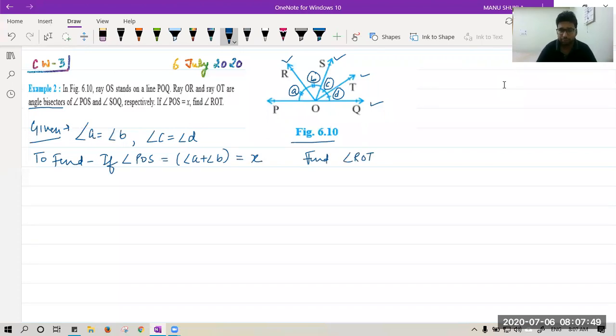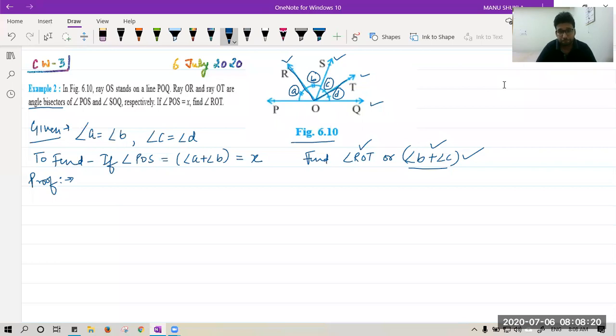This is the question. What is ROT? ROT is actually angle B plus angle C. This we have to find. I am writing the full name as well as the symbol I have taken, but I will be using symbols only in the question to make it easy to understand. Okay, now let's start.